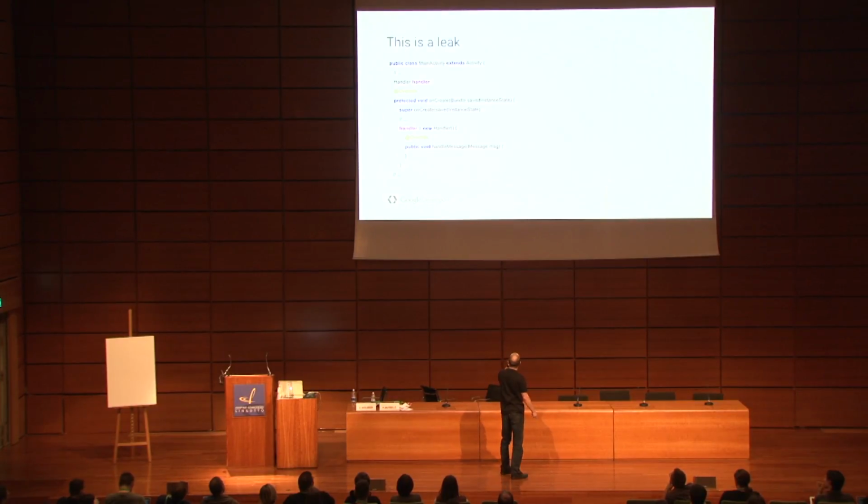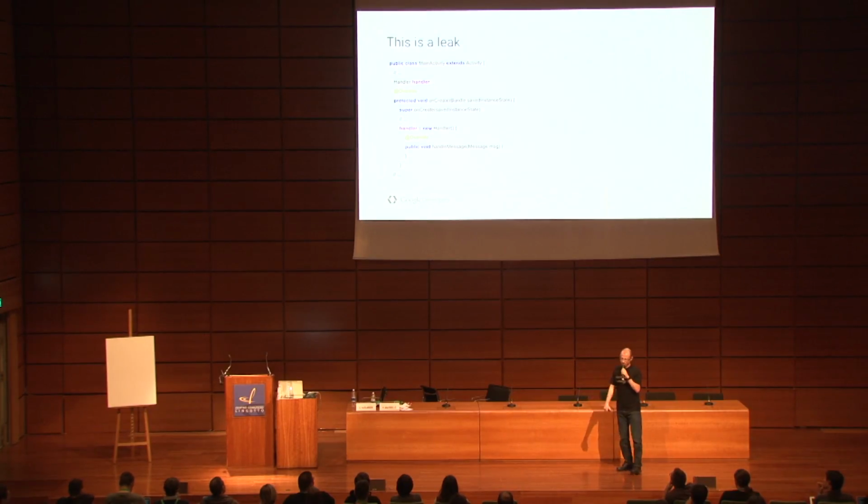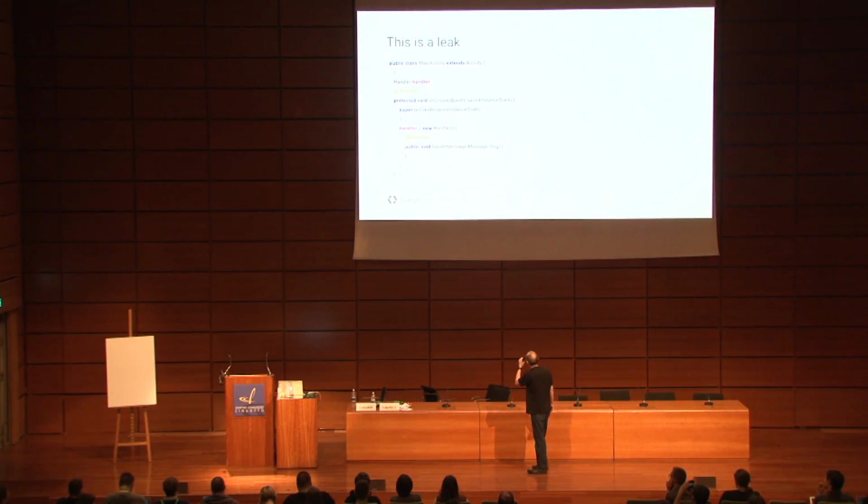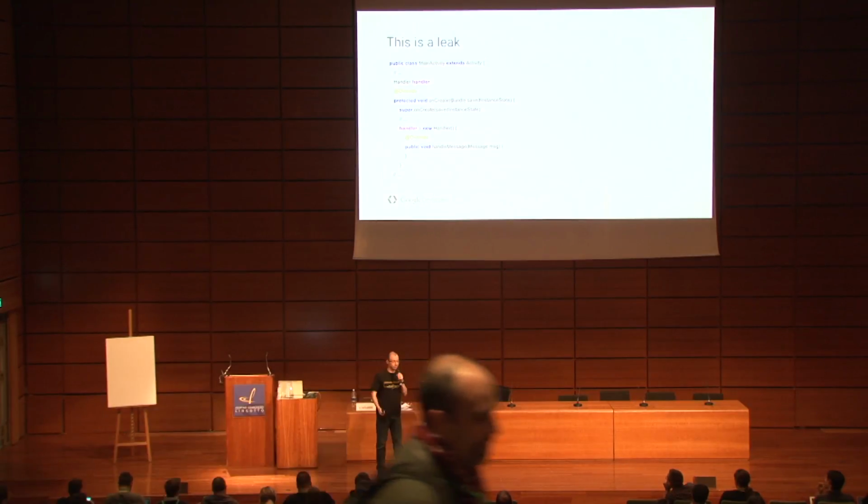So here we have another lovely leak sample. By the way, I also have written this code many times. You understood why it's wrong. So what do we have? We have an innocent activity, MainActivity, and we have a handler. And a handler, you know, is a messaging object, and it has this lovely callback, handleMessage. All in all, it looks great.